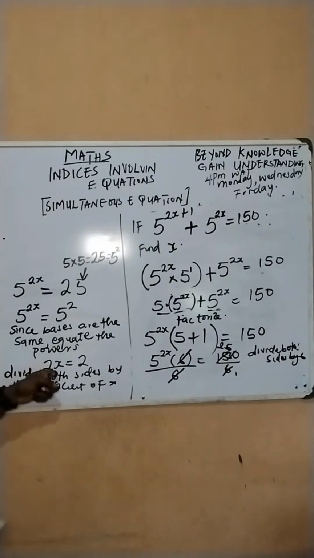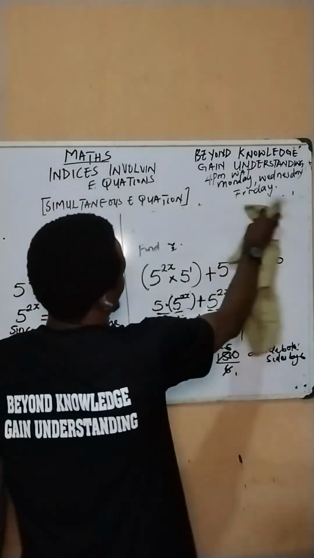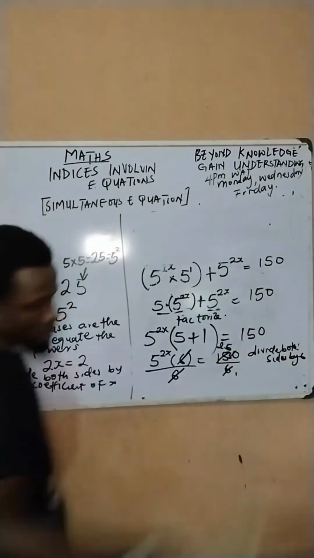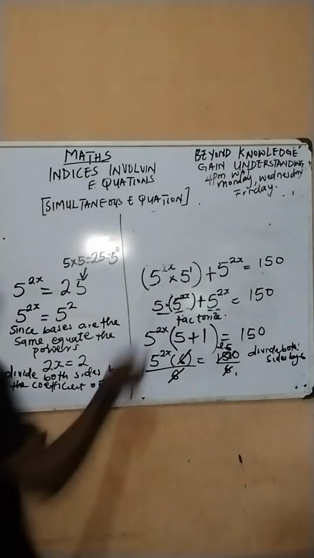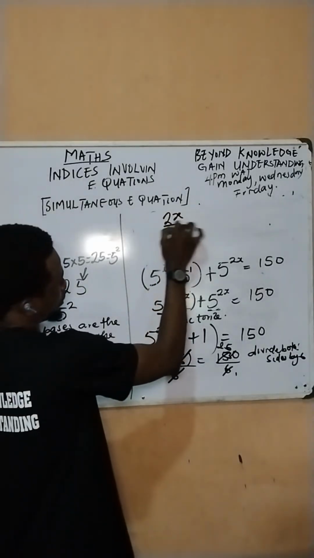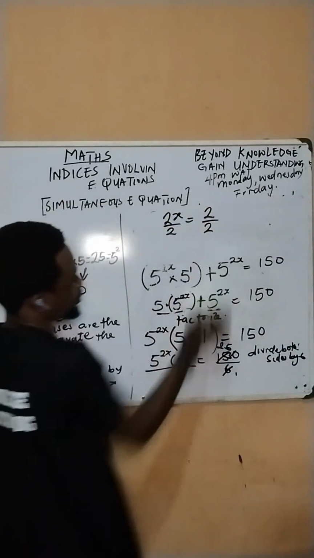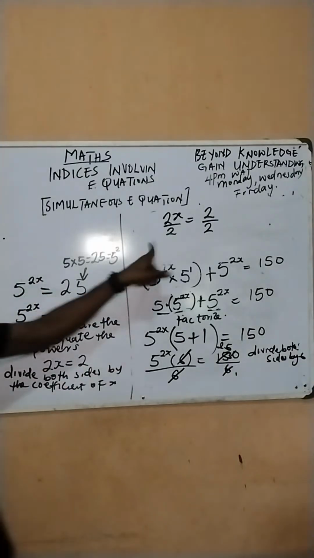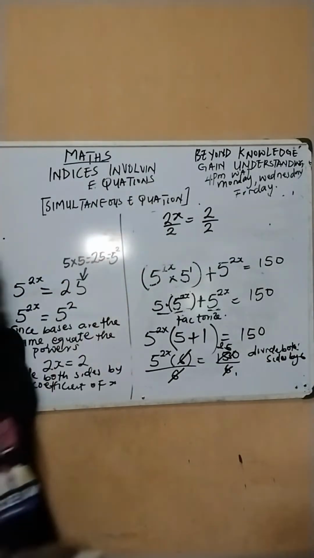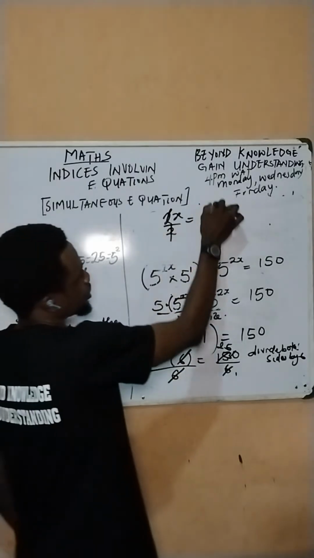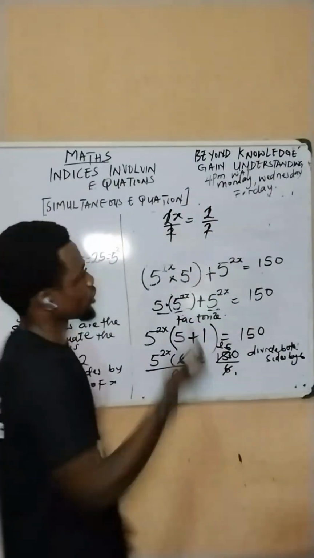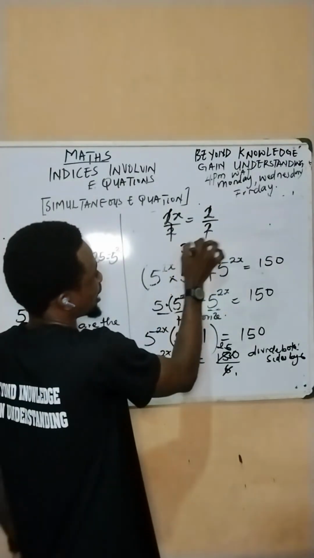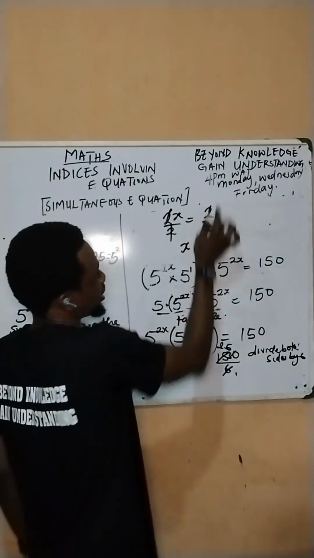We're going to have our 2x divided by 2, and here you have divided by 2. Meaning that we have divided both sides by the coefficient, the number beside x. So 2 cancels 2. 2 divided by 2 is going to give us 1. So what is remaining on this left hand side is x. And if you divide it here, it's going to give you 1.